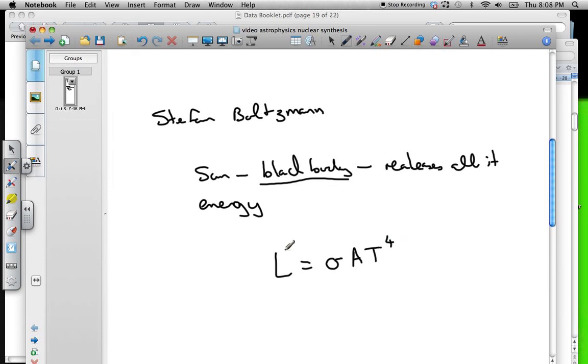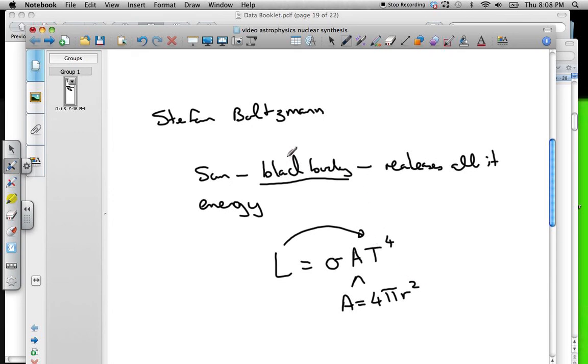So the luminosity is proportional to T to the 4. It's also proportional to the surface area. Usually we're dealing with a sphere, where the area is again given by 4 pi r squared, so we can put that into that formula. So this is Stefan-Boltzmann's law.